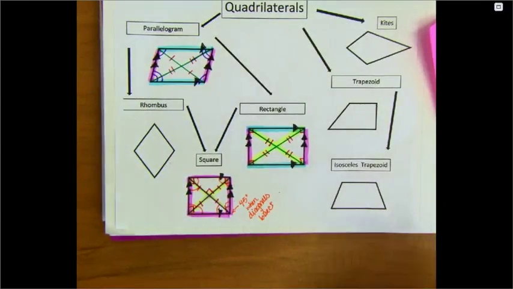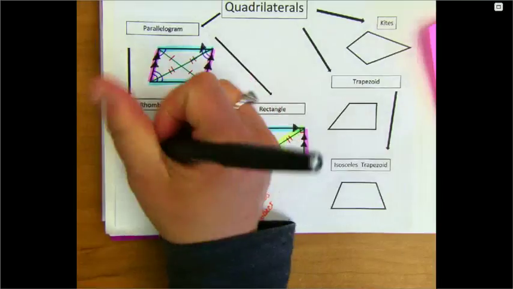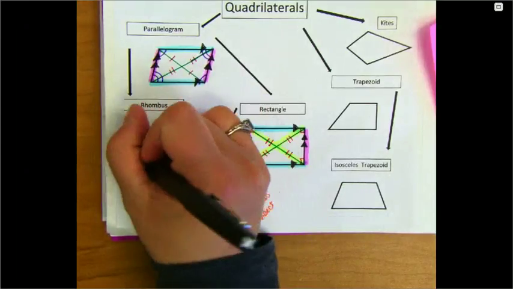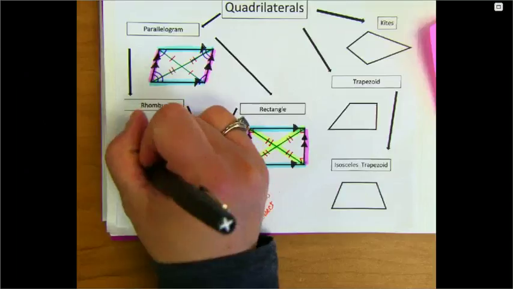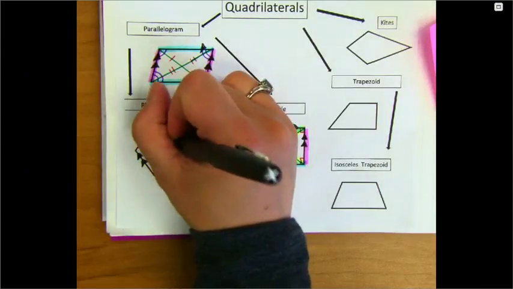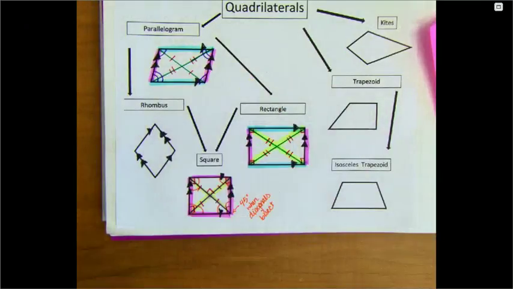What about a rhombus? Which ones? Opposite sides are parallel. What else? What about your sides? Opposite sides are congruent or all sides are congruent? It ends up being all sides.